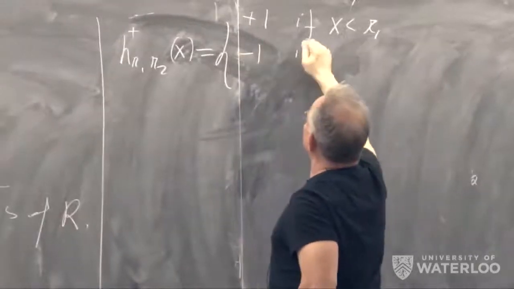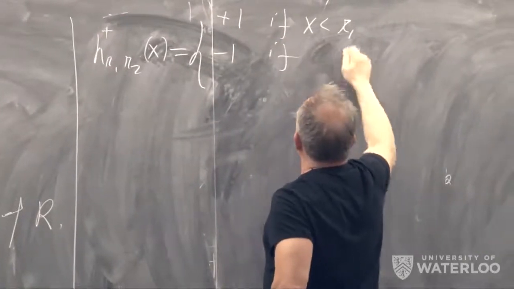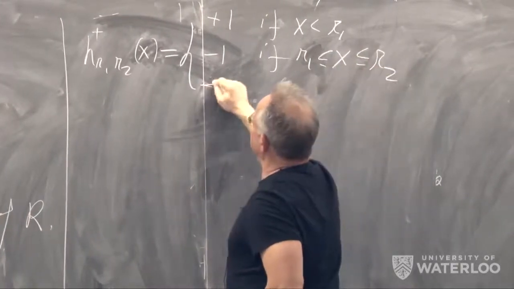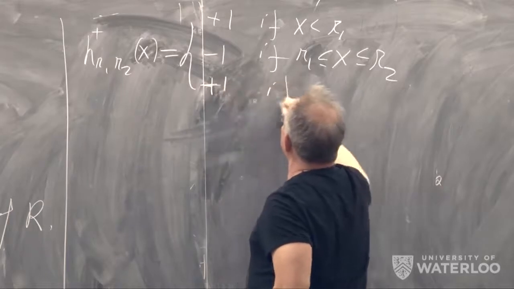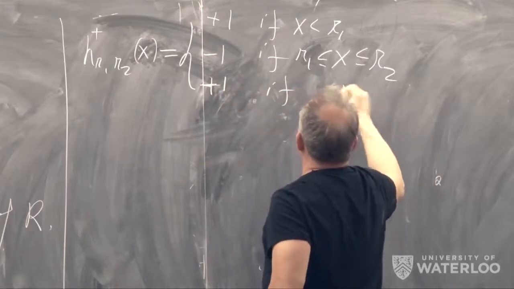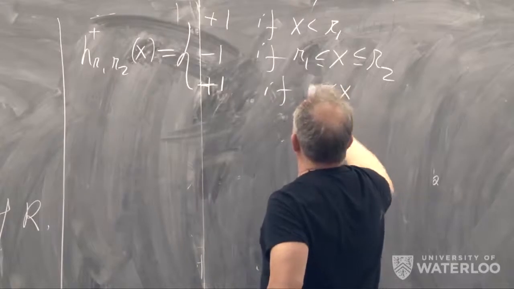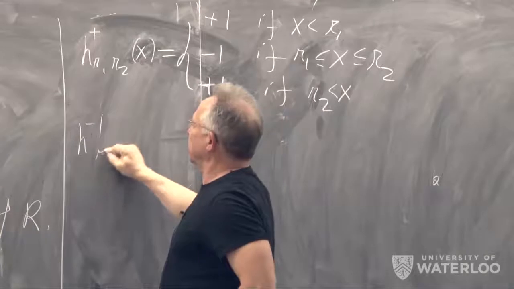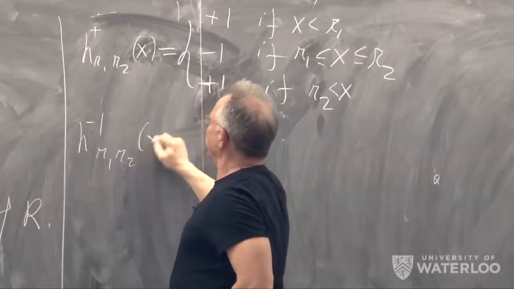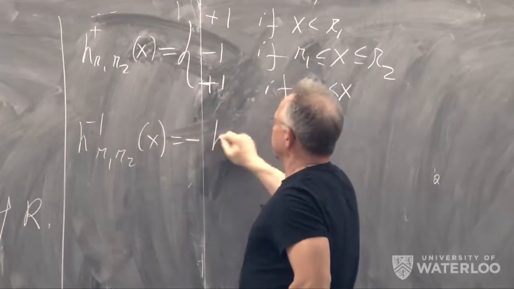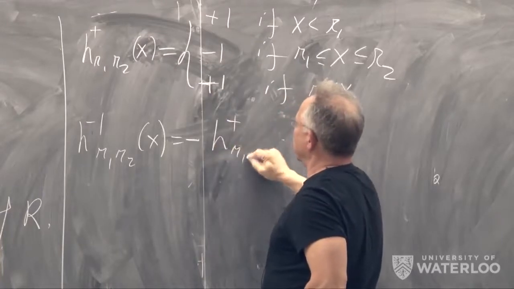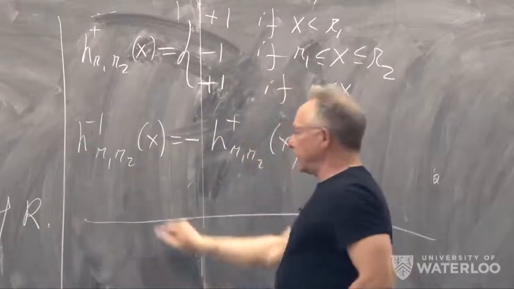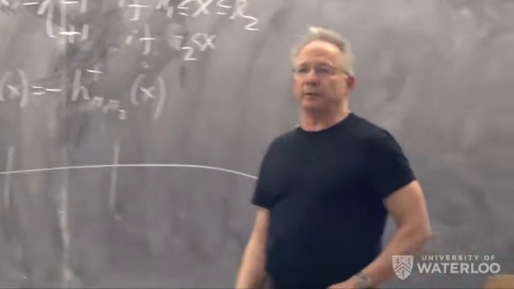It's minus 1 if x is between R1 and R2. And it's plus 1 if x is greater than R2. And h minus R1 R2 of x is just minus h plus R1 R2 of x. So this is a very simple class. It's the class of all three partitions of the line.